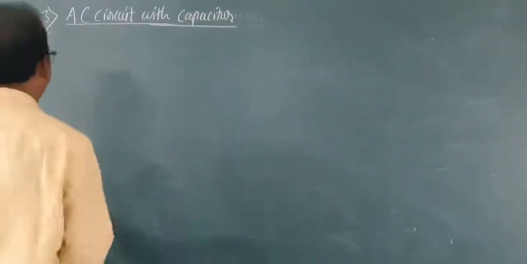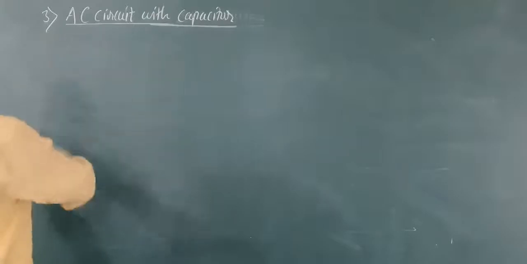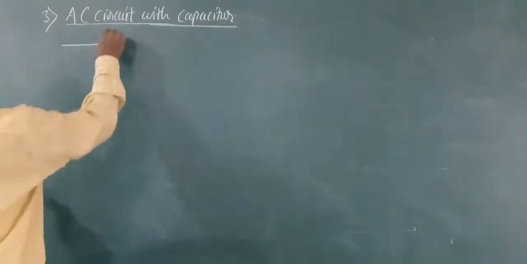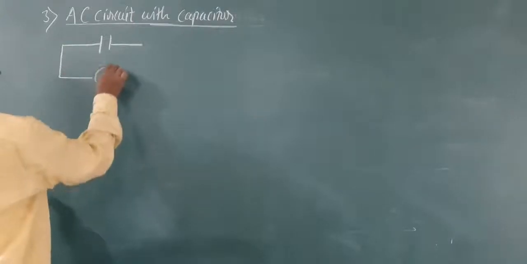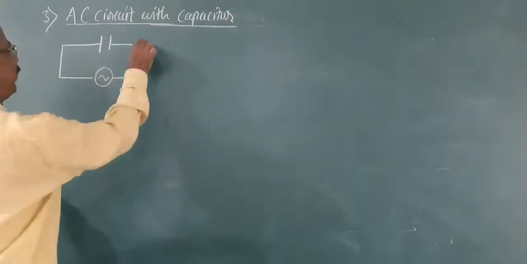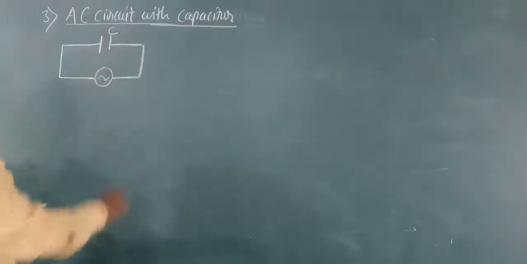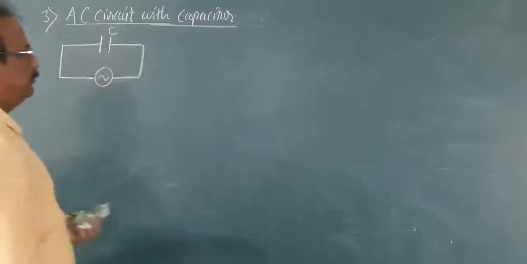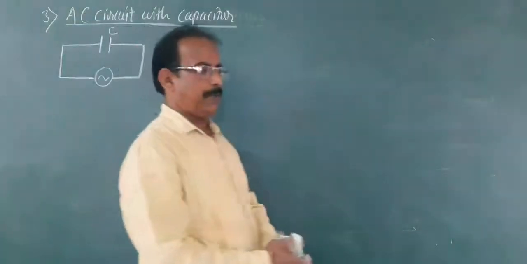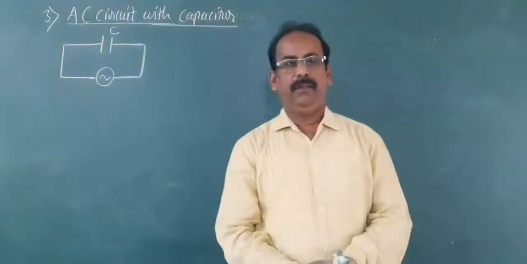Consider simple AC circuit in which source of alternating EMF is connected across capacitor of capacity C. This is the capacitor of capacity C. Across capacitor, source of alternating EMF is connected.